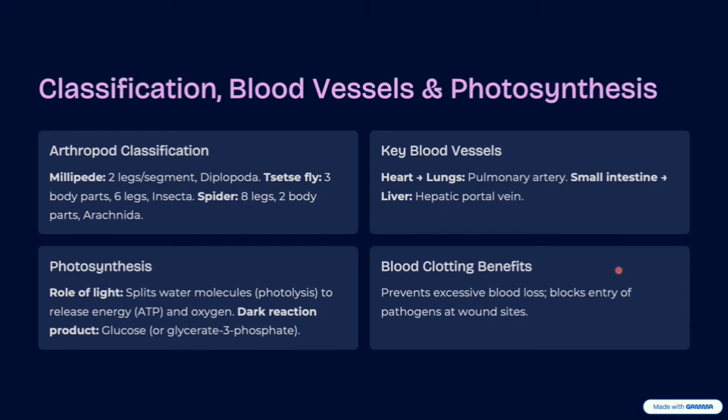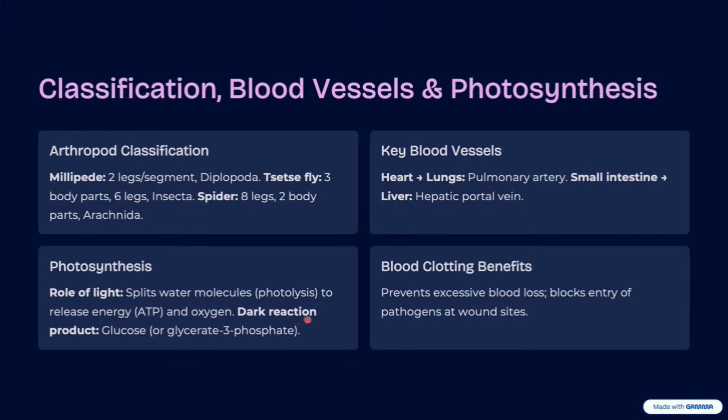Number 16, state the role of light in the process of photosynthesis. So what is the role of the light? The role of the light, of course, is to split water molecule, in bracket, photolysis of water, to release energy in form of ATP and oxygen.